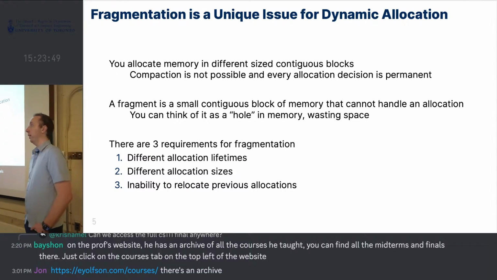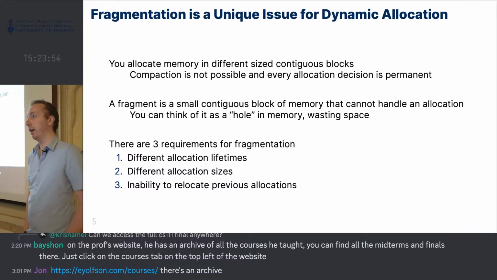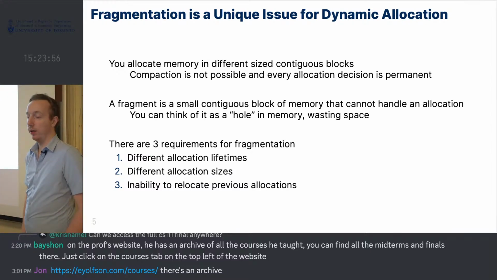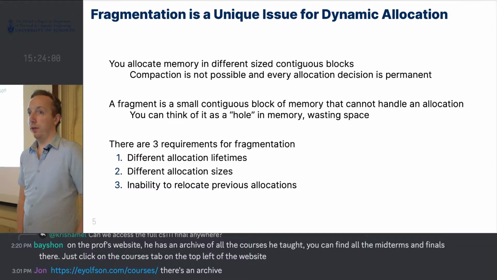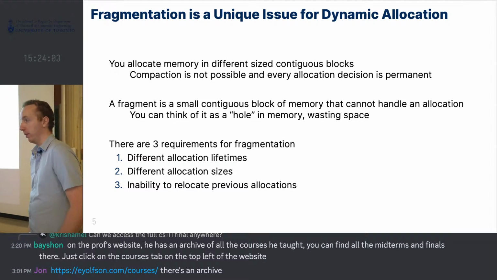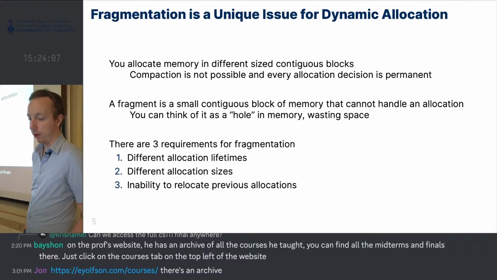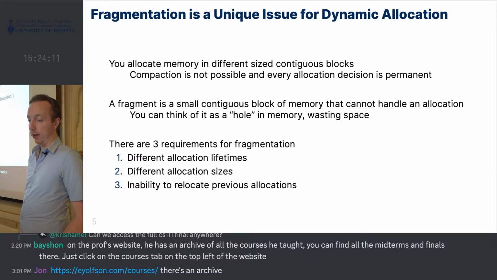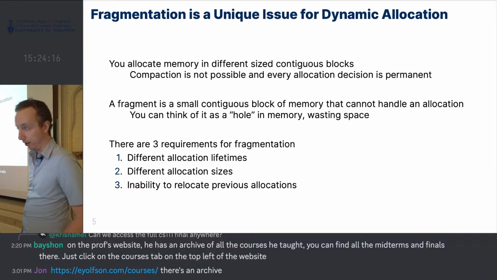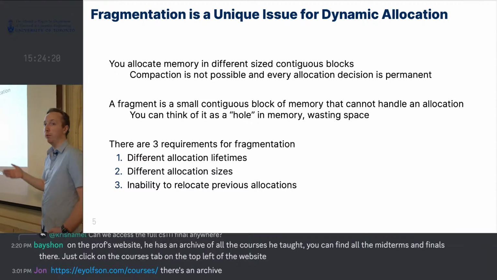So more of an issue for dynamic allocation because we allocate different sized memory in contiguous blocks, whereas some of the allocations your kernel does is only in pages. They're all the same size, so it's a lot easier. If you have the general version of that problem where all the sizes are different, then it becomes much more challenging, and especially fragmentation will be an issue if I can't move memory around.